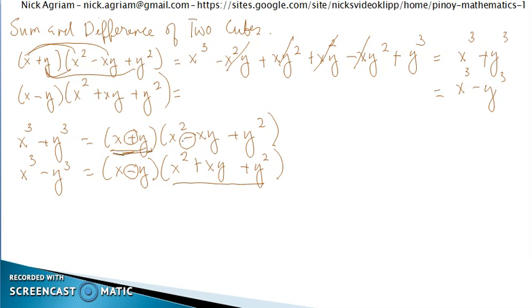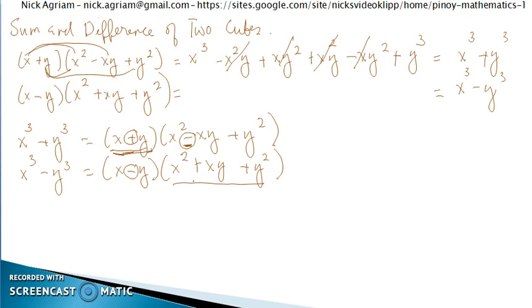The trinomial will be the square of the first term in the binomial, minus, remember the minus there, or else it will be wrong, and then the product of the first and the second term, xy. The third term in the trinomial will be the square of the second term in the binomial.